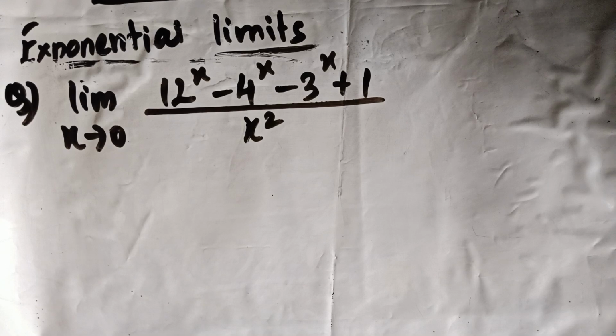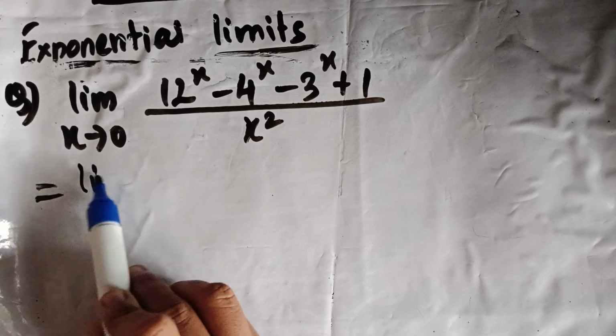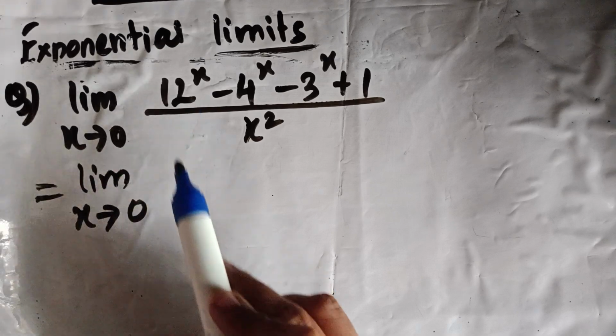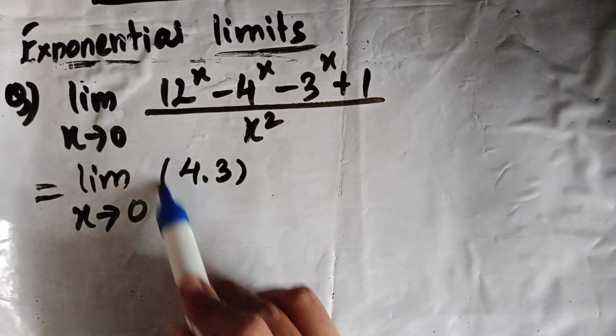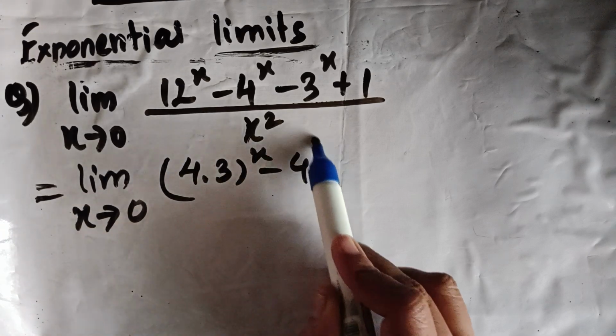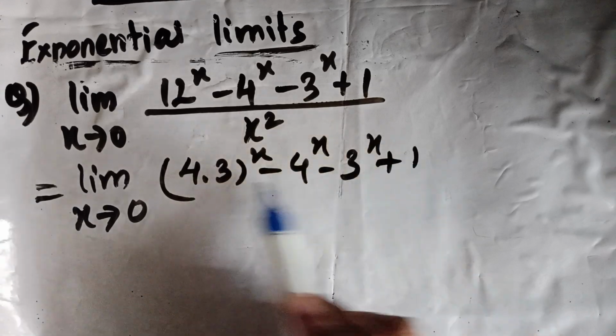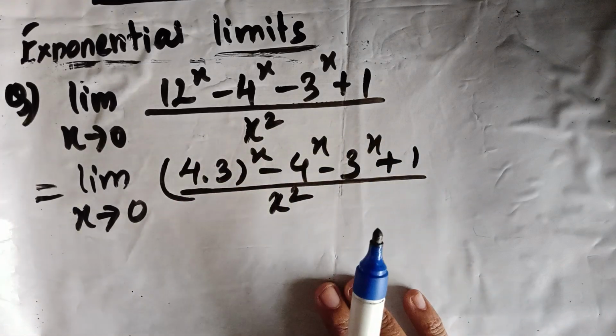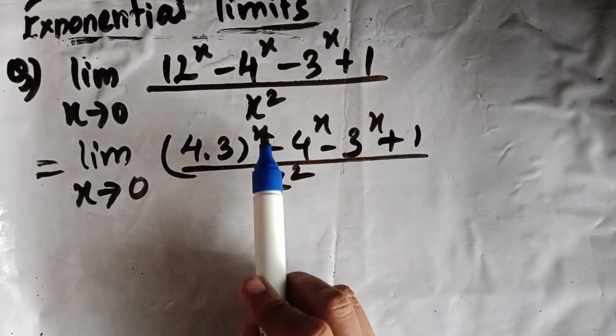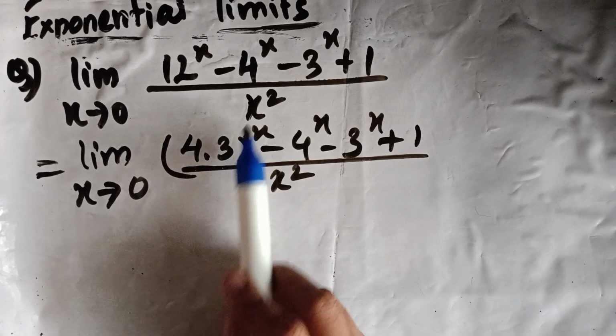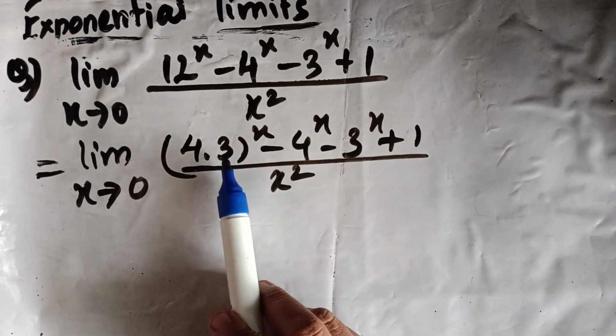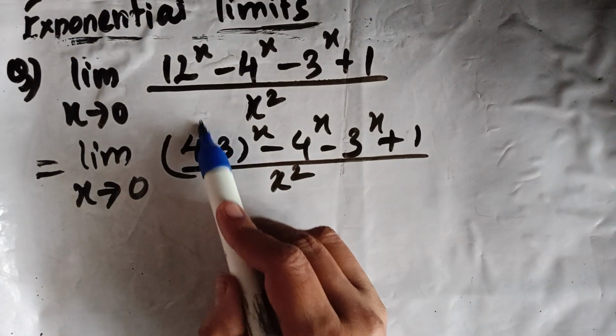Next question, limit as x tends to 0, (12 raised to x minus 4 raised to x minus 3 raised to x plus 1) upon x square. Here we can split this 12 into 4 times 3. So this is a into b raised to x, so a raised to x into b raised to x, so 4 raised to x into 3 raised to x.